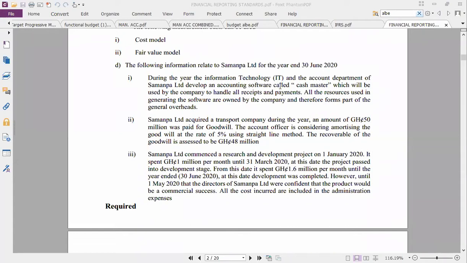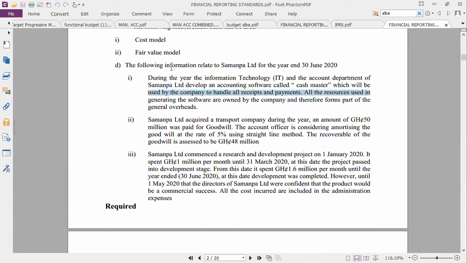So this one will be a clear example of an internally generated intangible or self-constructed asset, which will be used by the company to handle all receipts and payments. All the resources used in generating the software are owned by the company and therefore form part of the general overheads. Okay, good. So let's do that one first before coming to the next one.